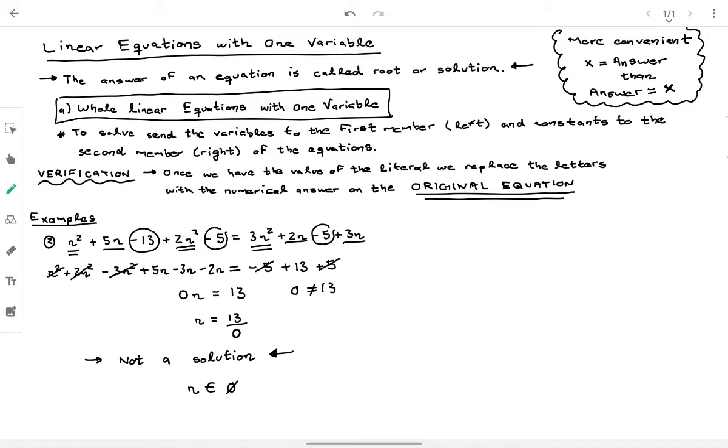So my recommendation is, if we get something like this, we check our process to see if we have made a mistake. If not, then our answer is the problem doesn't have a solution, or the equation doesn't have a root or solution, or the solution is an empty space that doesn't have a specific value.